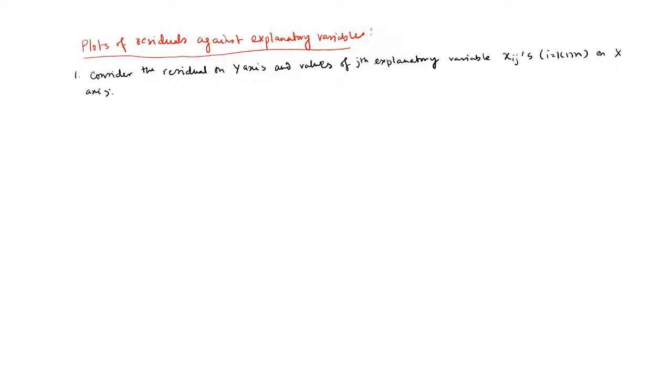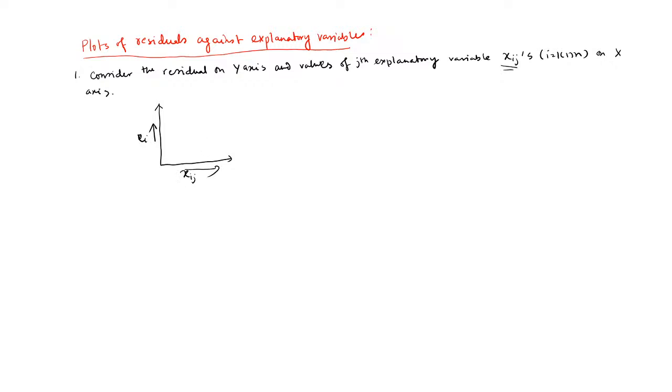This is the same way as we plotted the residuals against yi hat. In place of yi hat, here we consider xij. So instead of yi hat, I use xij on the x-axis, and the residual on the y-axis.